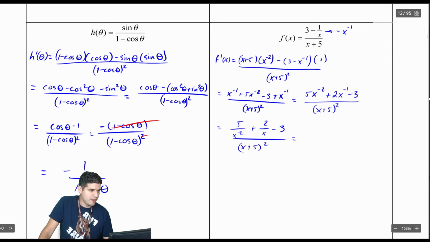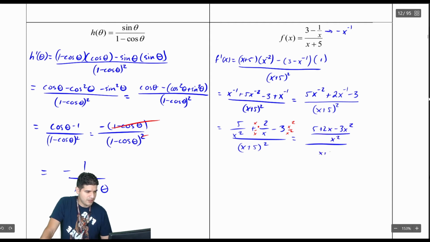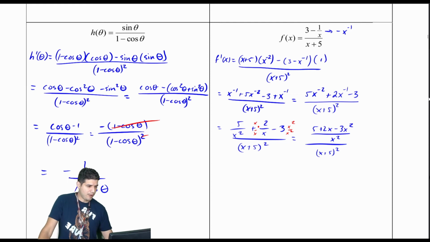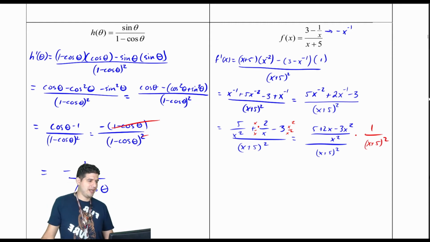Okay, so then if I multiply these so that they have common denominators, that's x over x and x squared over x squared. All right, so then I'm going to get 5 plus 2x minus 3x squared all over x squared, all over x plus 5 squared. And what I'm going to do is flip the denominator and multiply. So I'm going to multiply this by 1 over x plus 5 squared, because that's what you're doing when you're dividing by a fraction.